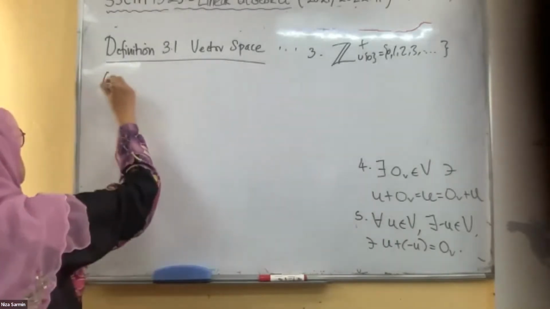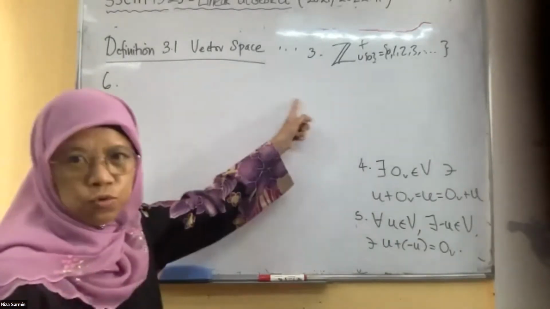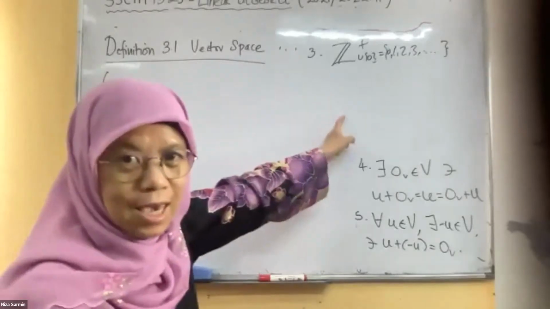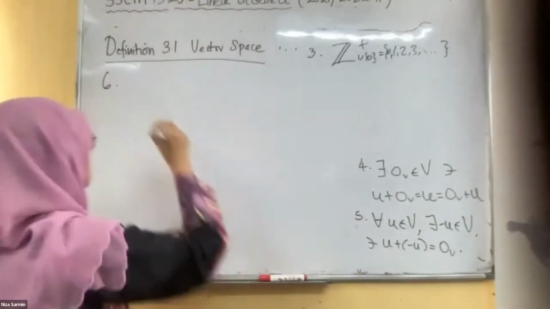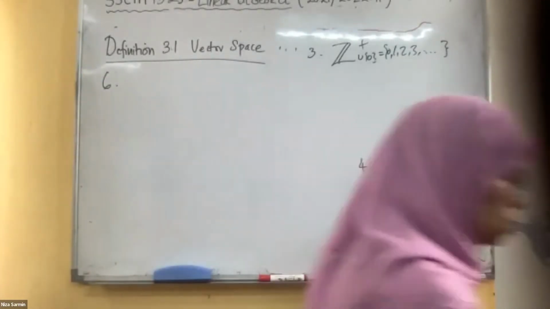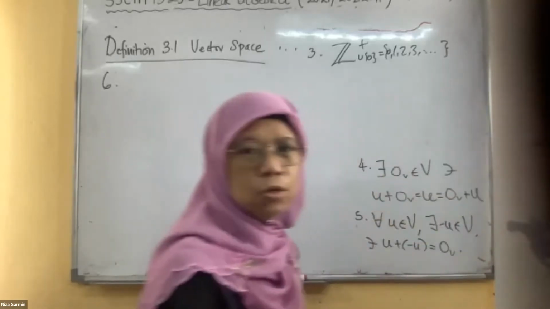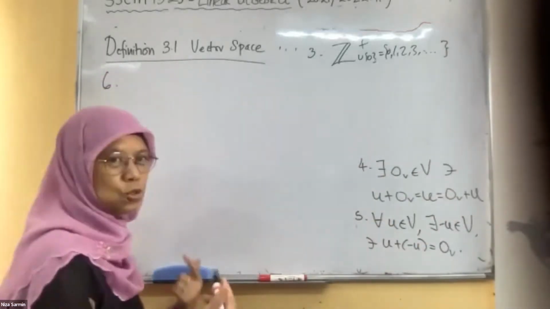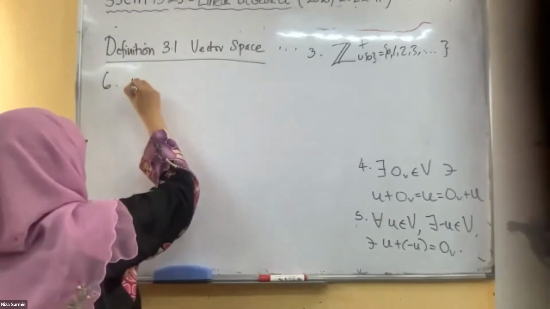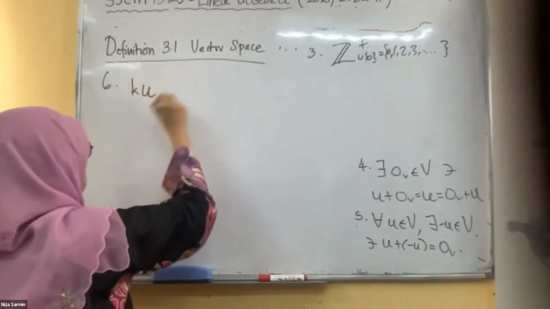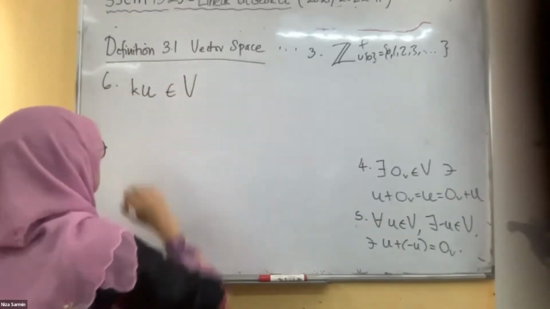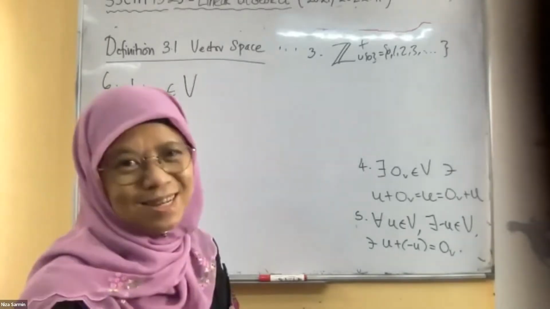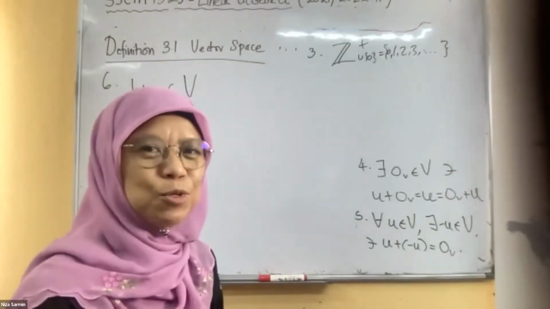So number 6. Remember, I put u, v, w in V, k, k1, k2 in R. So do I use k just now? In the notes, I use c, but it's okay. I normally use k, but you can use also c, like in the notes, c times u.